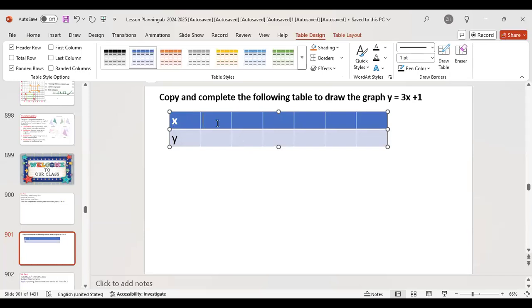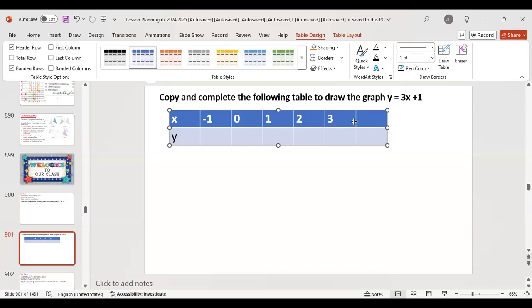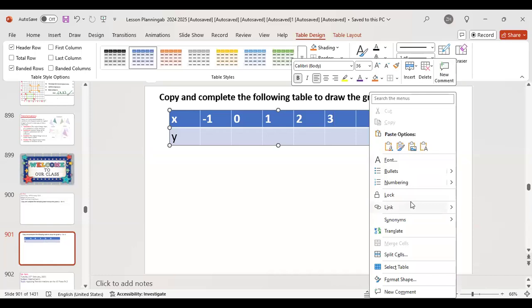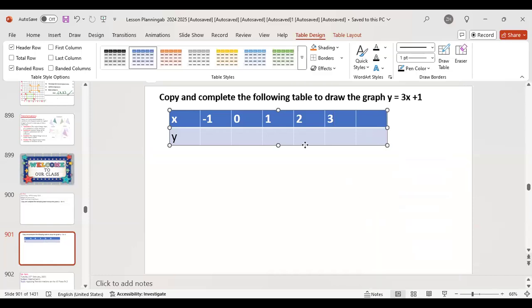Let's say that this is going to be -1, 0, 1, 2, and 3. Let's just do those, right? So we want to use the graph to complete the table. I don't need this column, rather. We'll just leave it like that.